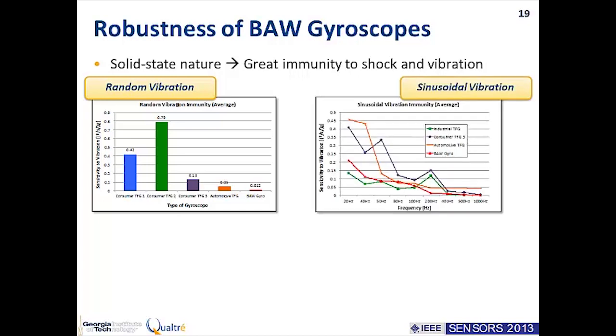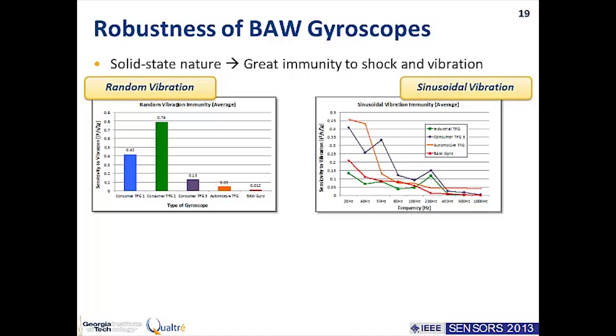Similarly, if we compare the performance under sinusoidal vibration, where you apply an acceleration signal at different frequencies, we see that the BAW device outperforms the industrial and automotive devices, and it's almost at par with an industrial grade gyroscope.